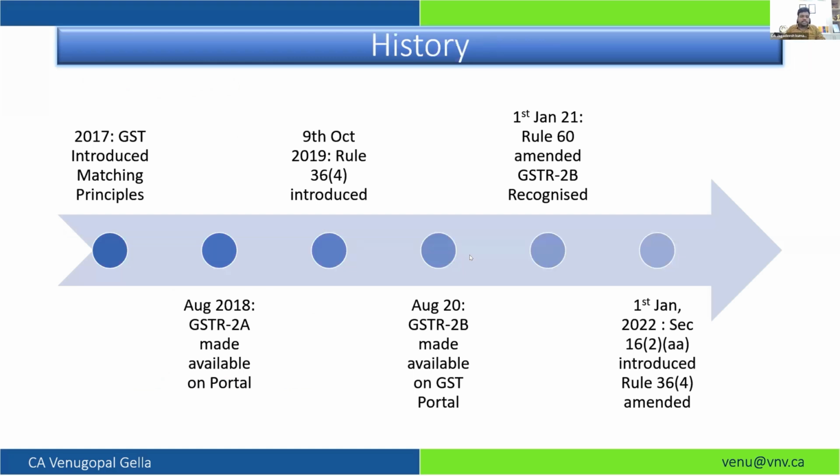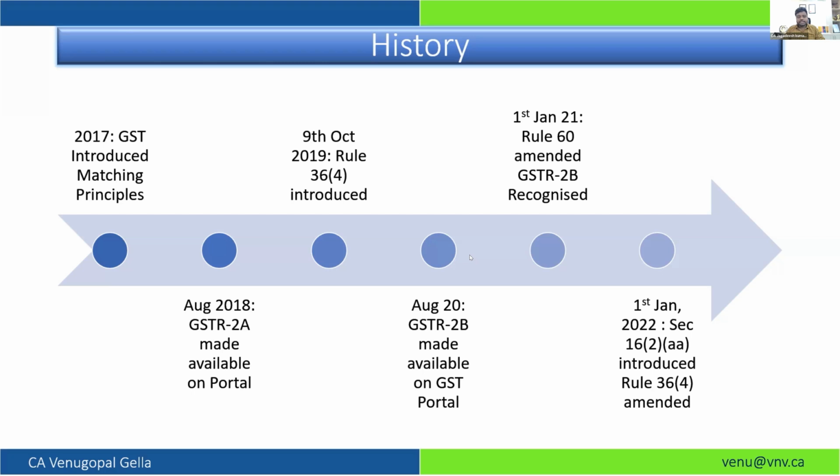So before moving on, we'll see the history: how GST has evolved since its implementation. As you all know, on 1st July 2017 the Act was implemented, and somewhere in August 2018 GSTR-2A started reflecting in the portal, and from 9th October 2019 Rule 36(4) was introduced. As per Rule 36(4), a restriction was put on availing the ITC.